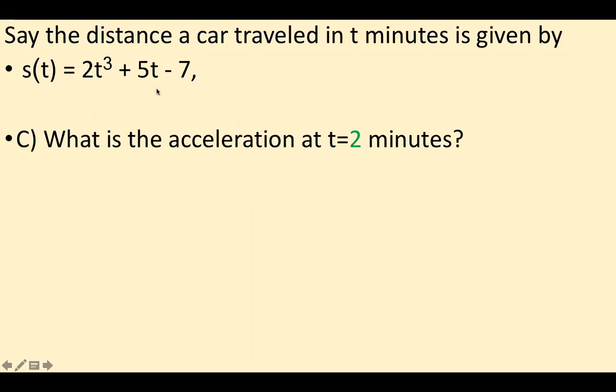So again, it's the same function as before, but now we want to find out what is the acceleration. So acceleration, remember the definition, it's you take the derivative of the velocity function. So notice in the chat, y'all put in that velocity function, 6t squared plus 5, that's velocity function. If you take the derivative of that, it will give you the acceleration. For those of you who understand that, can y'all put what is the derivative of the velocity function?